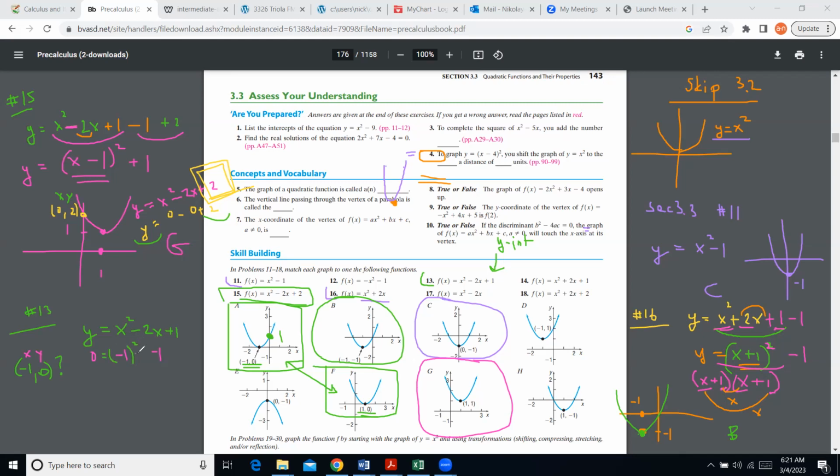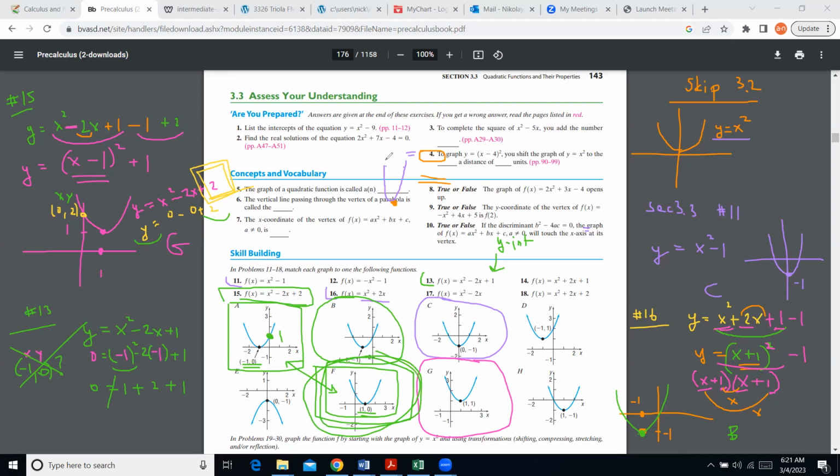So if I replace x with -1, would this work or not? Well, let's check it out. -1 squared is 1. Then -1 times -2 is +1. So is this going to be equal to 0? And the answer is no. So this is not the point that works. So then the graph is going to be part F, because that's the only choice left.